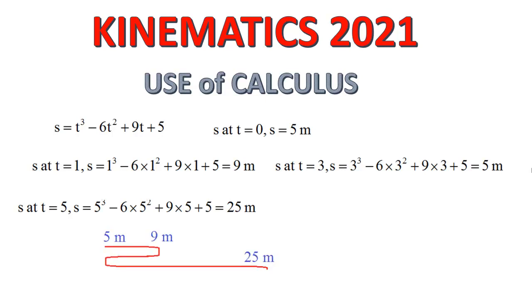This has been the path. From 5 to 9 in 1 second, then 9 to 5 back in 3 seconds, then from 3 to 5 seconds, it is from 5 to 25. So total distance covered here is going to be like this: 20 plus 4 plus 4. Because from 5 to 25 it's 20, then 5 to 9 is 4 and 9 to 5 is 4.